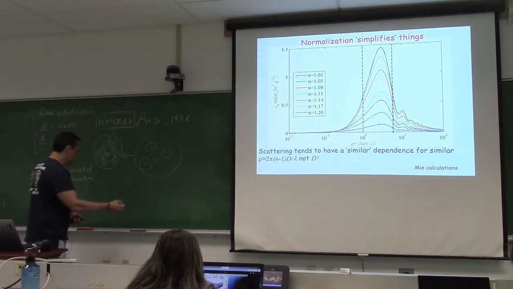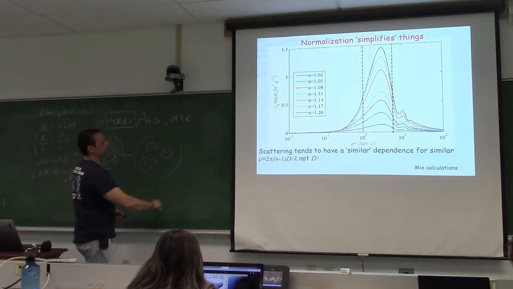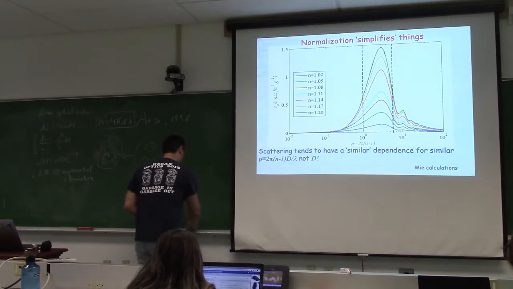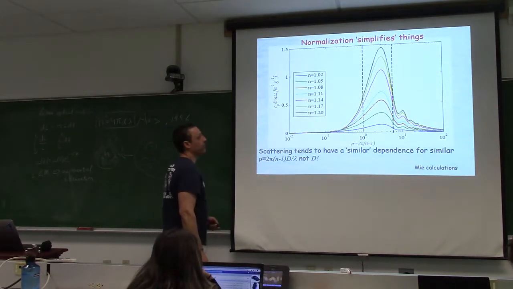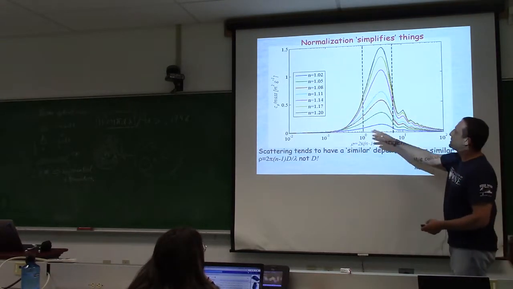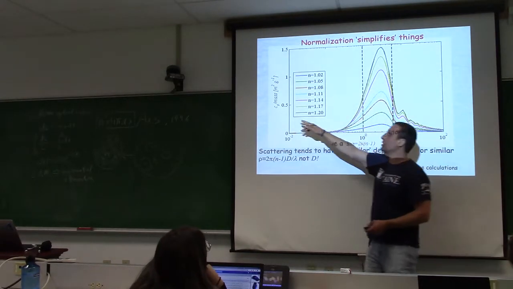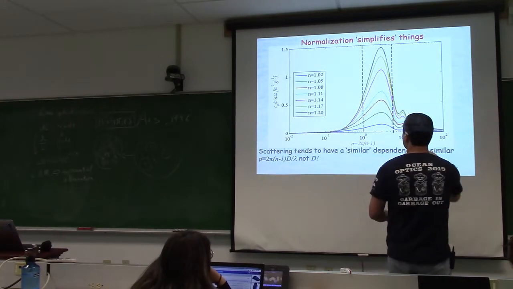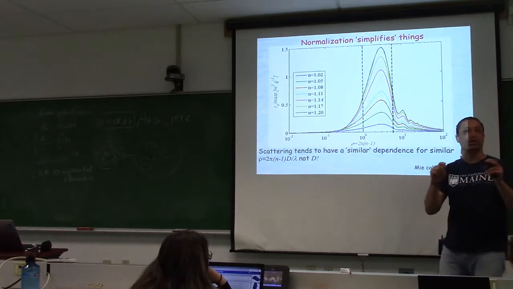Another aspect is, from these theories, and this goes back to an approximation by van de Hulst, we can collapse all these curves of beam attenuation to mass or volume that I talked about in the previous day if the x-axis is a non-dimensional number.